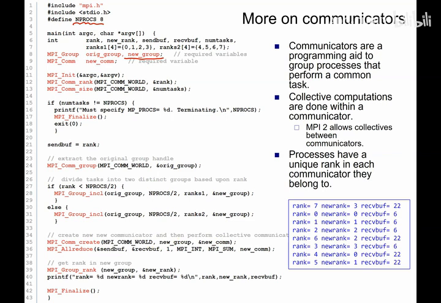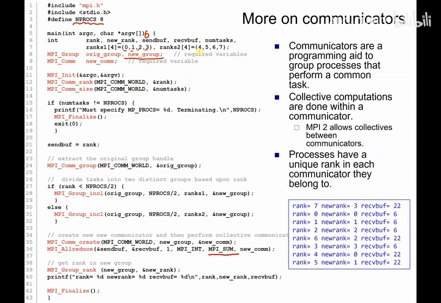Then each process is going to do an all reduce within its group, and the all reduce value is going to be based on its rank. If you're in the first group, when you do the sum all reduce, you're adding up 0, 1, 2, 3, so that's going to be 6.